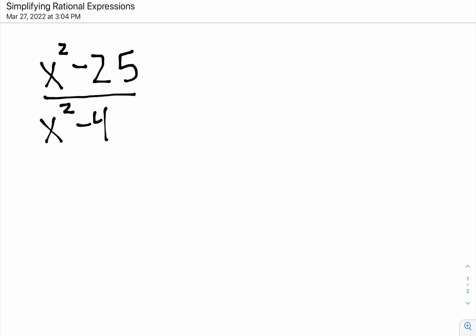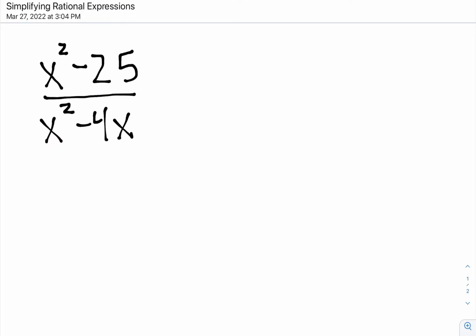So the first example I want to do is going to involve multiplying rational expressions. Let's say we had something like x squared minus 25 divided by x squared minus 4x.